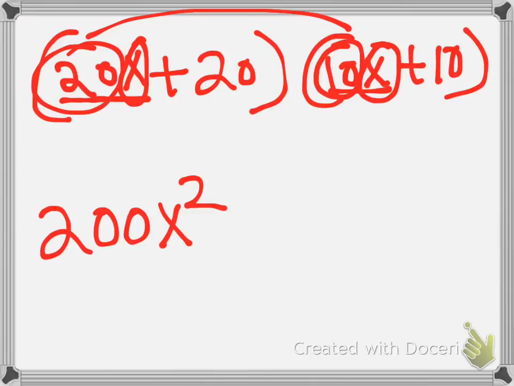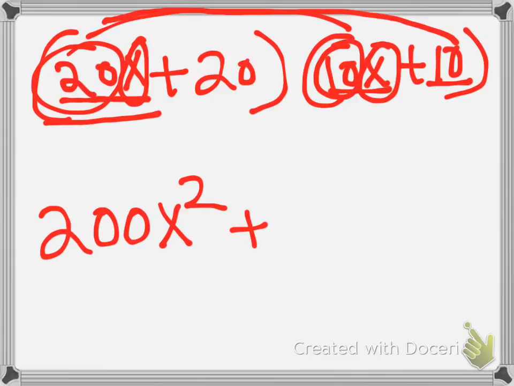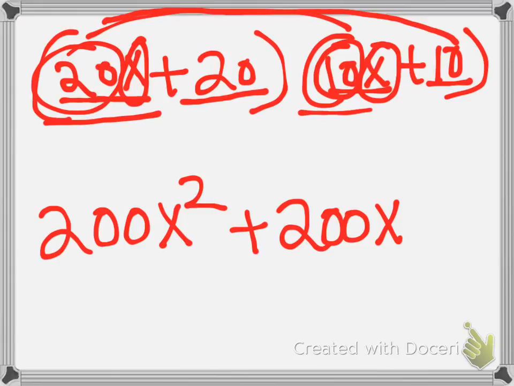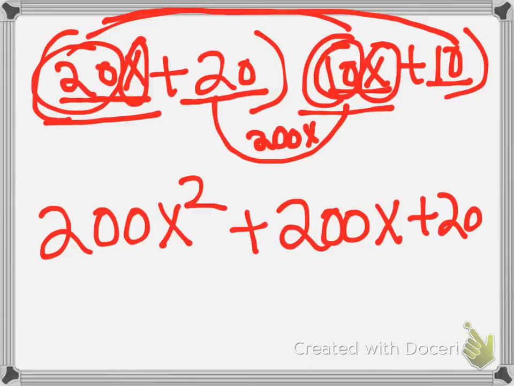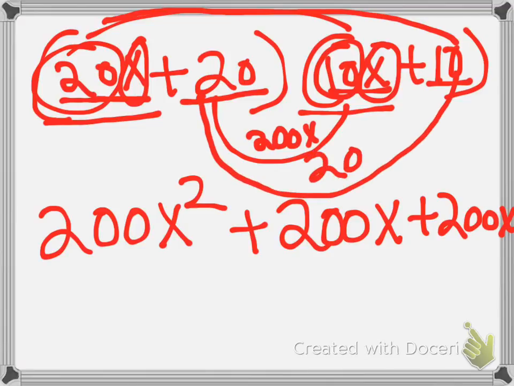And then we do outside, or 20x times 10, which is 200x. Now, we're going to do inner, which is these two. We get 200x again. And lastly, 20 times 10, which is 200.